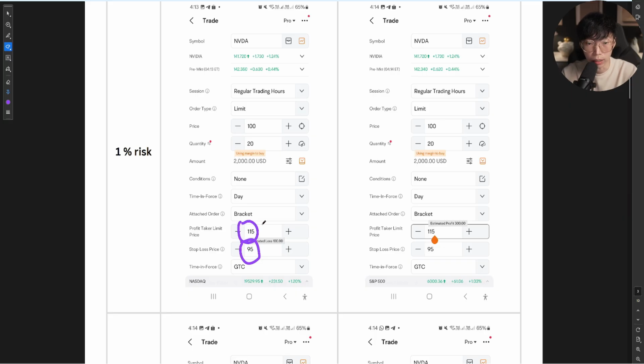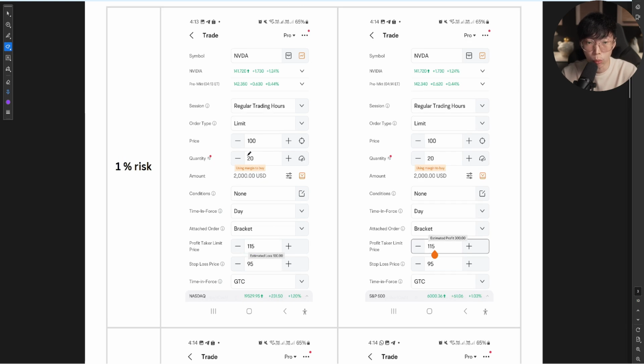Okay, $115. So what you do next is go back to the quantity area and key in any random figure. You can key in 20, 30, 40, 50, 100, up to you. Once you key in a random figure, come back and click on the stop loss. The moment you click into it, it will show you the estimated loss.